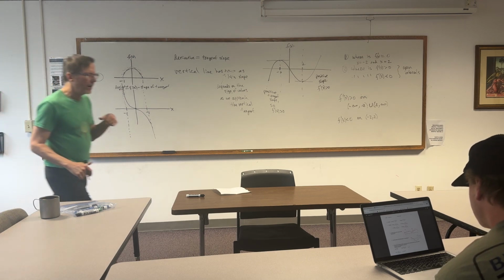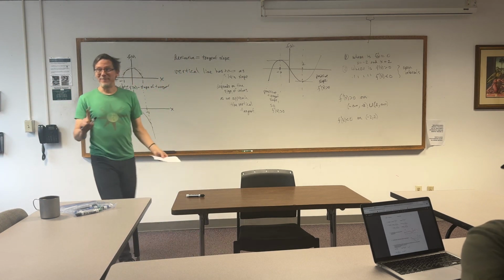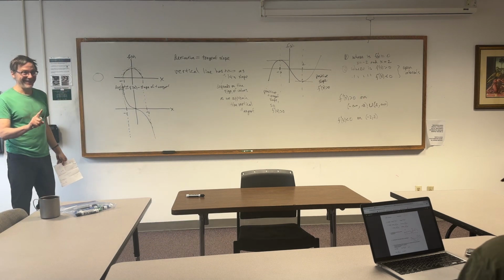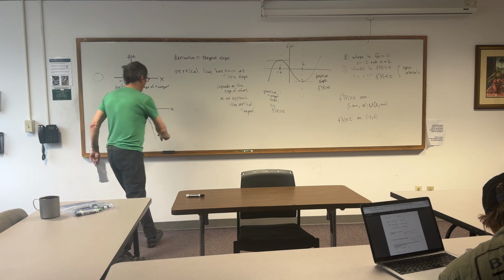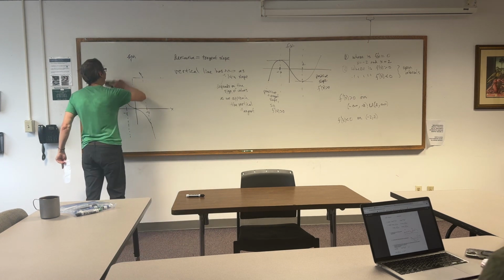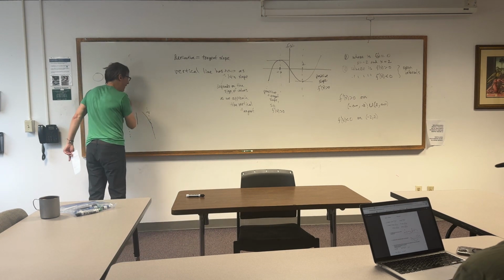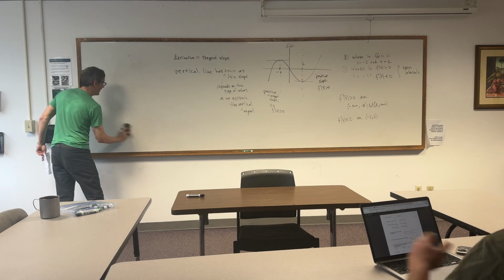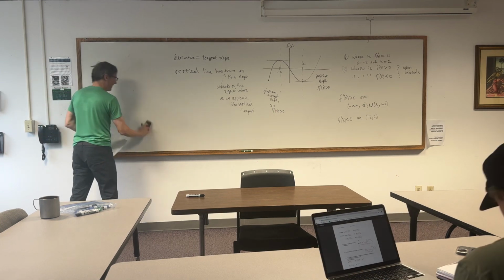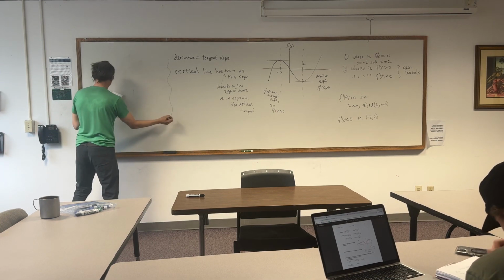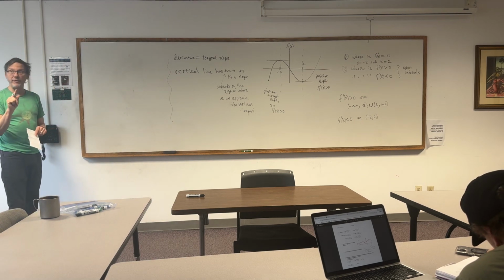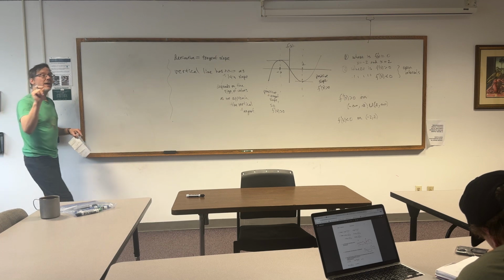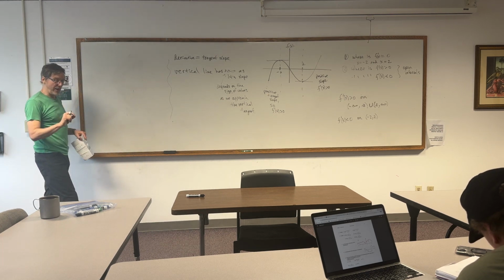All right, challenge time. Something we haven't done. Same ideas, backwards. So we're really working out today, lifting the heavy stuff. This is going to be backwards. I'm going to give you the derivative graph, and I would like you to give me the original function graph.